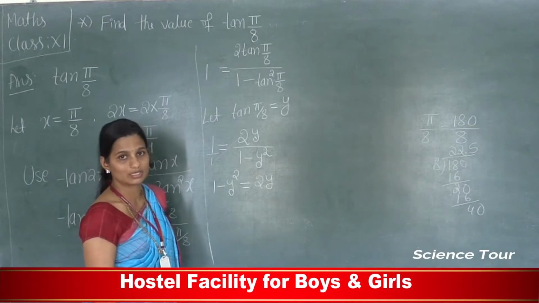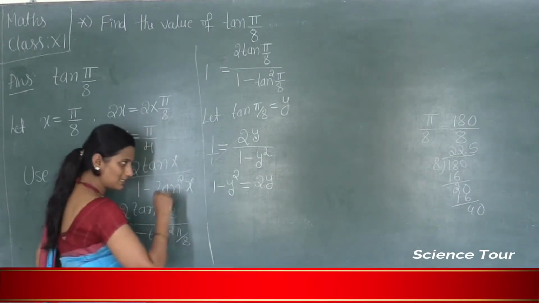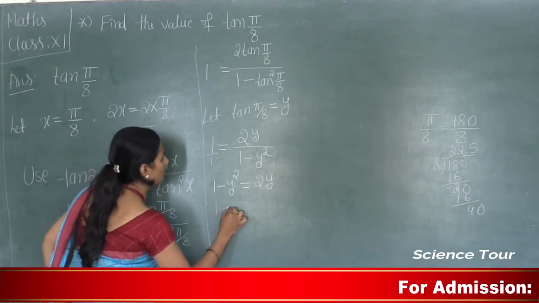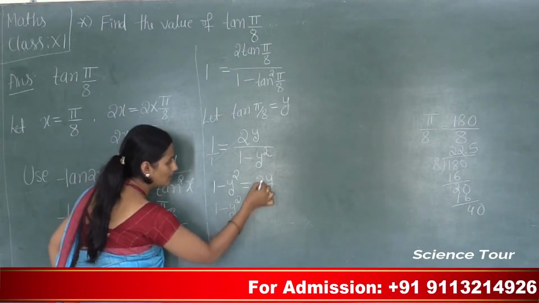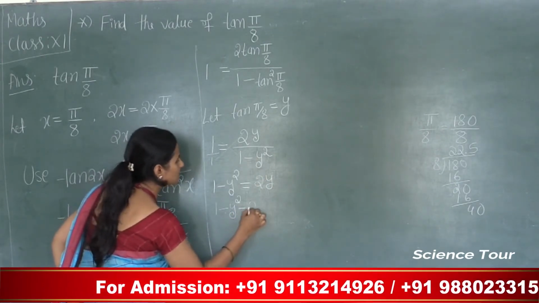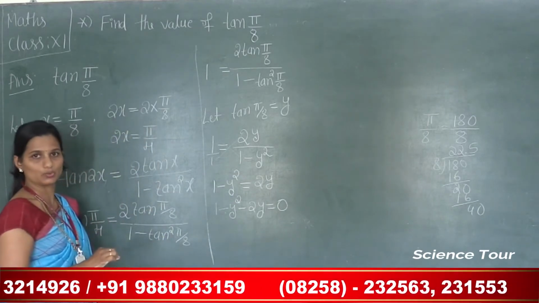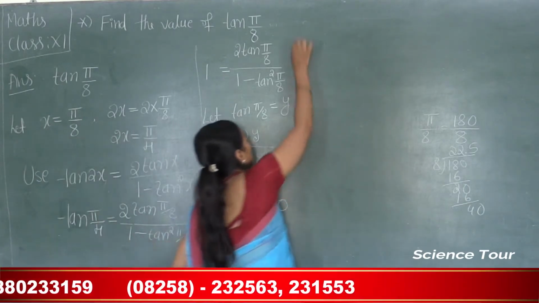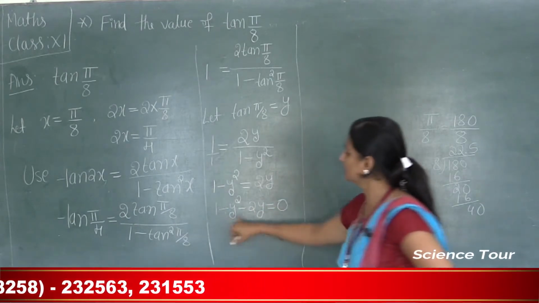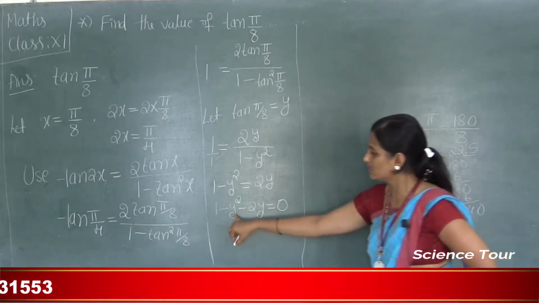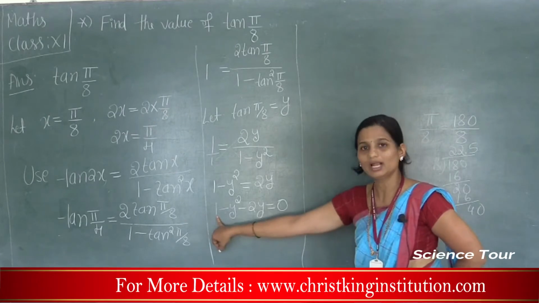It is a quadratic equation, right? So just rearrange this. So 1 minus y square plus 2y changes as minus 2y, which is equal to 0. Now write this quadratic equation. So how is it? Y square, 2y and constant.